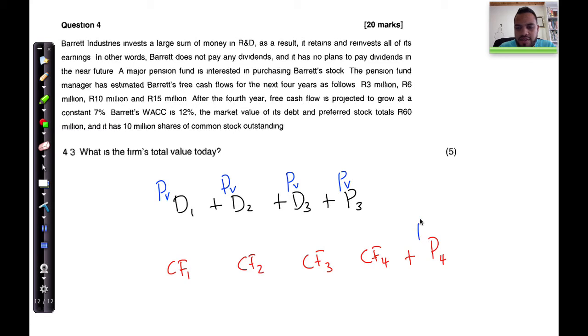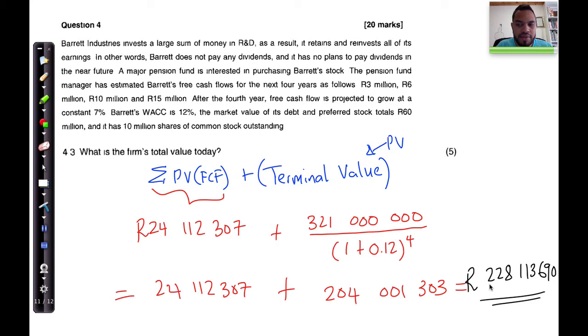All of this needs to be done in terms of present values, and that's what we've just done. These four were answered already in 4.1, and so we could easily add them together. When you add all those present values, you get the value of the firm today, which is the value of the operations, the terminal value, plus all the cash flows up until that point. But remember, it has to be discounted, brought down to the present value, in order for us to find the value of the firm today. And so our solution for that question was 228,113,690.